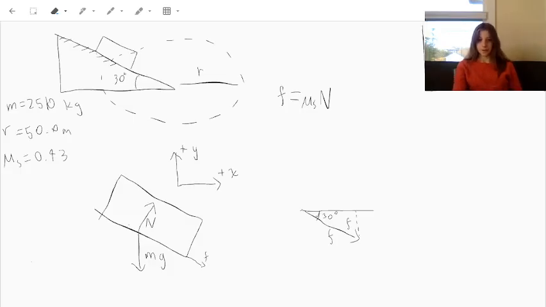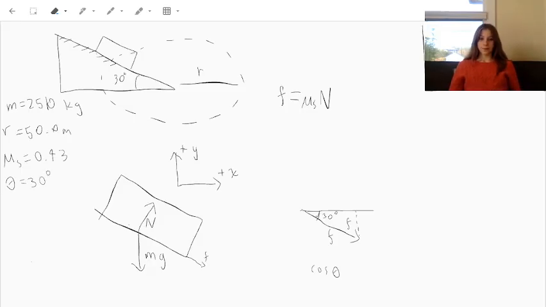So if we were to take cosine of 30 degrees, actually I'm going to start calling 30 degrees theta, just so I have to write one thing. Just going to say theta is equal to 30 degrees over here, so remember that.